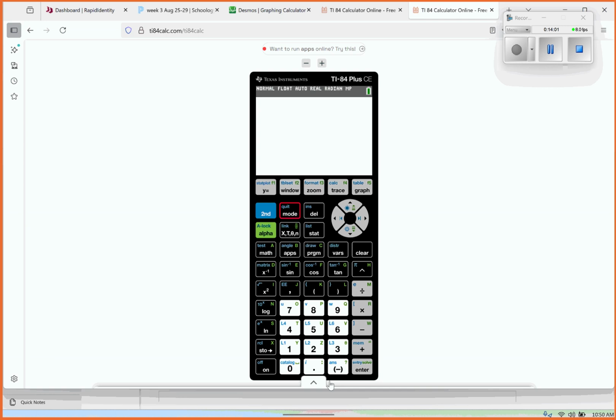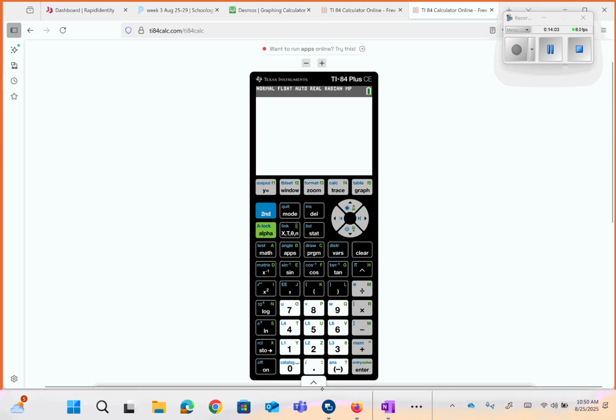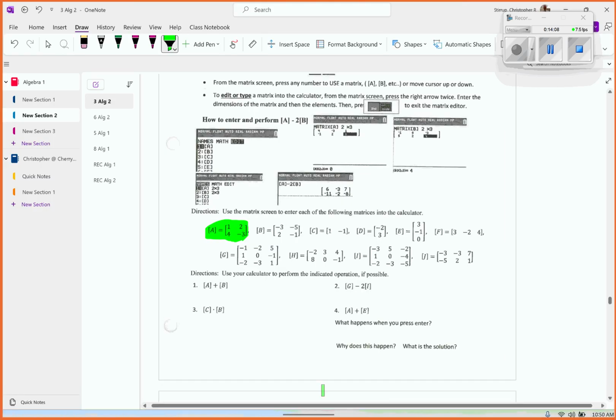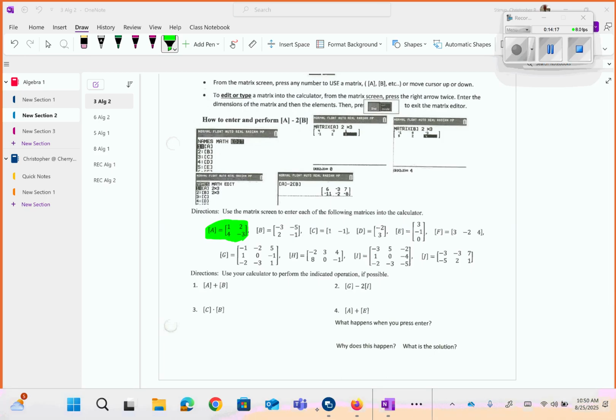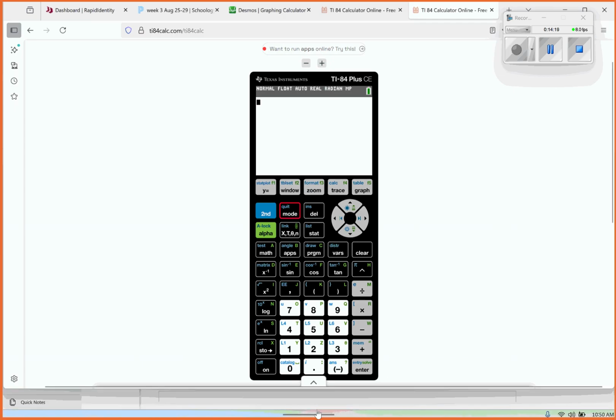All right. Those matrices live there until we tell the calculator to get rid of them. So if I wanted to go A plus B, that's problem number 1. Agree? So A plus B is that easy. You go into second matrix, A plus second matrix B. Boom, it's done.